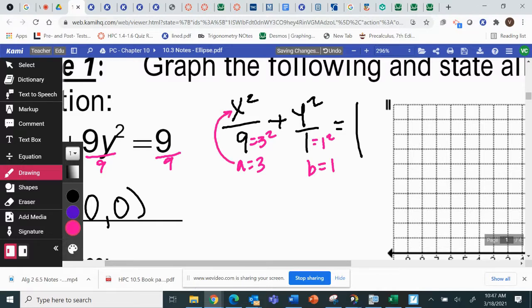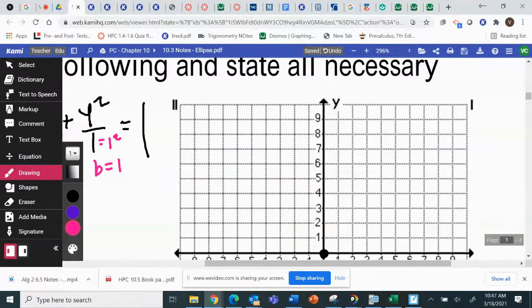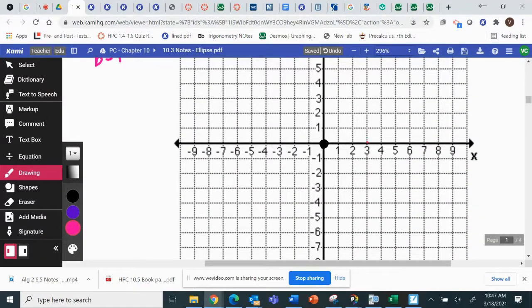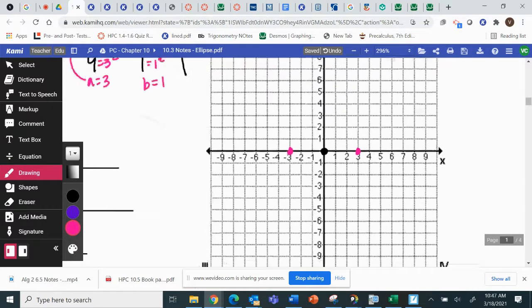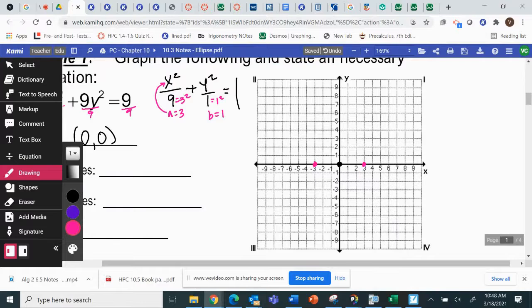Bigger number's under x. So that means that I go to my graph and horizontally, I'm going to add 3 in each direction. Why did I do it horizontally? Because it's under x. So the number it's under is telling me which way to go. Or the letter it's under, I should say. The variable it's under is telling me which way to go.